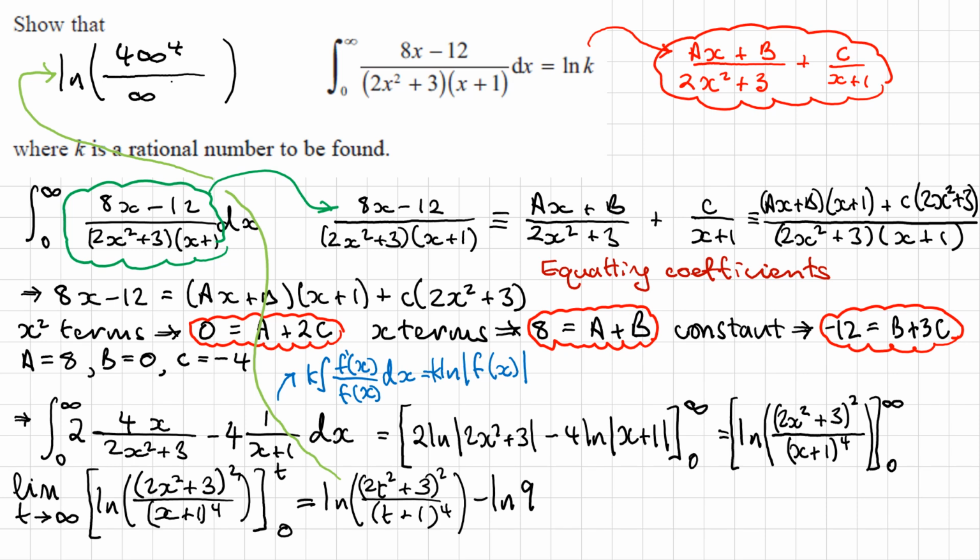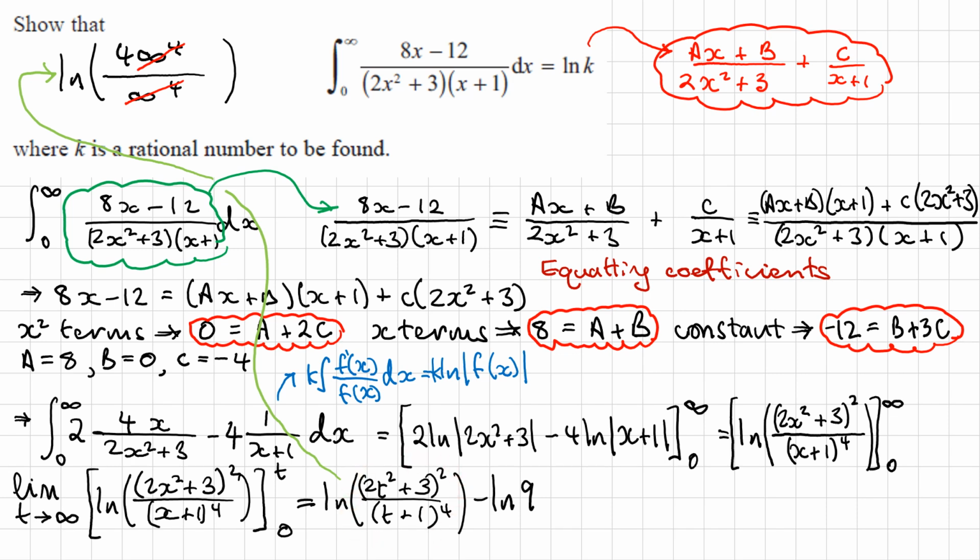Well, you could say, well, basically these infinity to the power 4s cancel out, don't they? Because it's basically the same thing. I guess mathematically you wouldn't really think of it this way because infinity is not a number, but it does help you simplify things like this. So basically all you're left with is log 4, the limit as t approaches infinity. If we follow it through, all of this just becomes log 4.